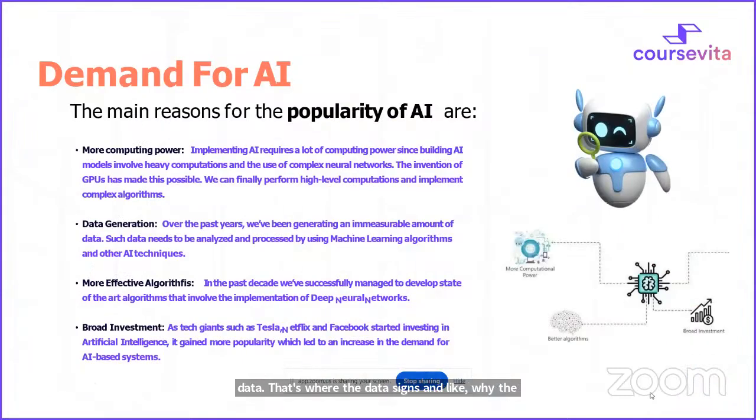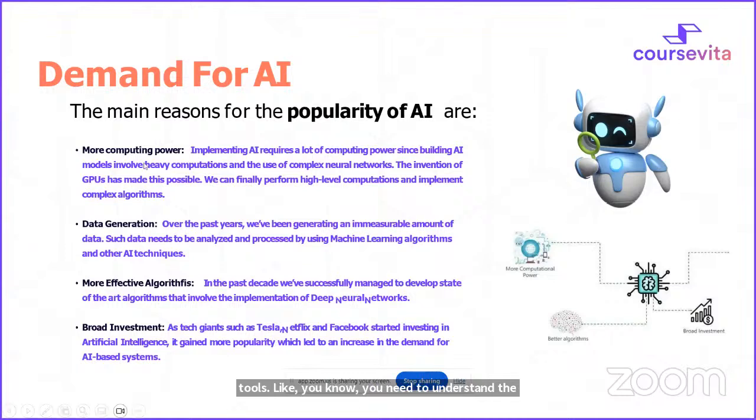So let's understand: the data is huge, and we generate tons of data every second, every day. To understand this data and compute with more power, we need data science tools. You need to understand the statistical tools behind the data so that you can understand the trend or the pattern of the data.